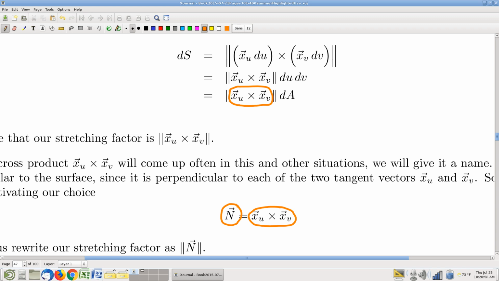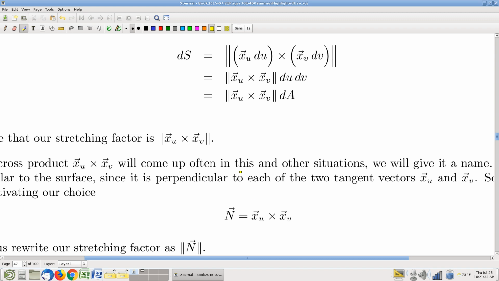This is specifically the normal vector that comes out of the parameterization, and whose magnitude is our stretching factor. Right?